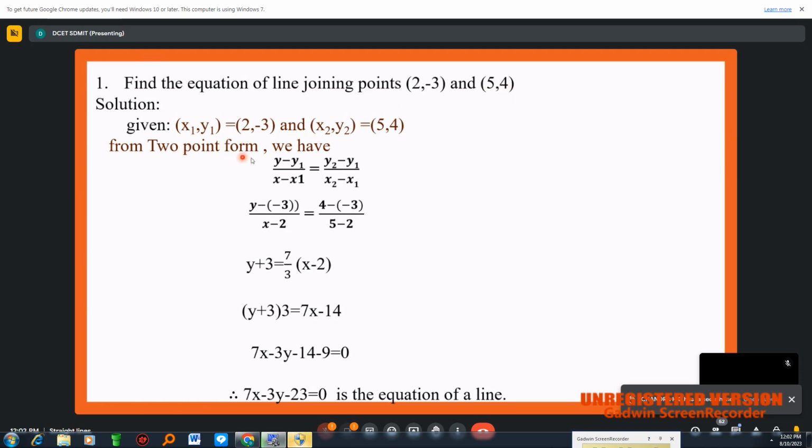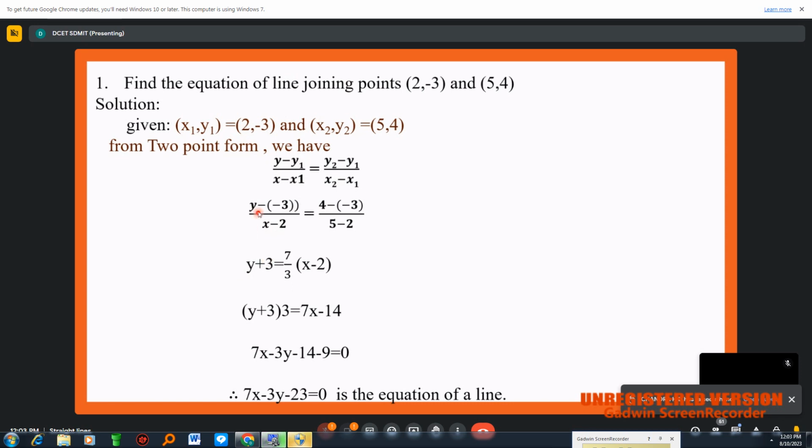From the two-point form we have y minus y1 divided by x minus x1 is equal to y2 minus y1 divided by x2 minus x1. Substituting: y minus of minus 3 divided by x minus 2 is equal to 4 minus of minus 3, divided by 5 minus 2.